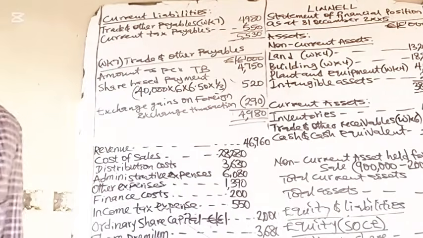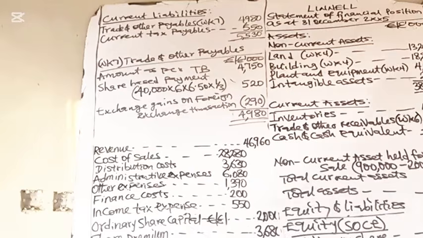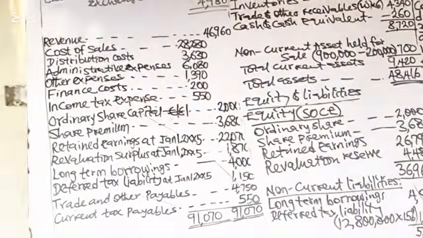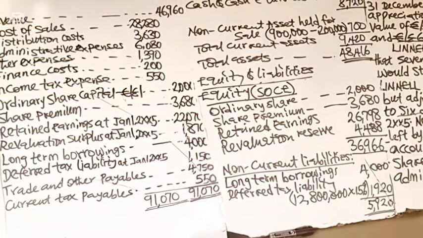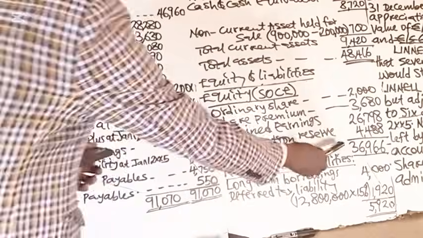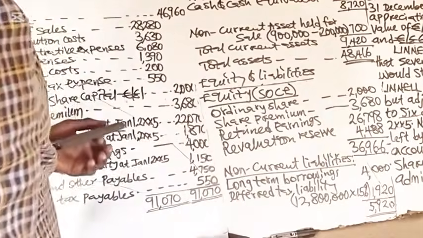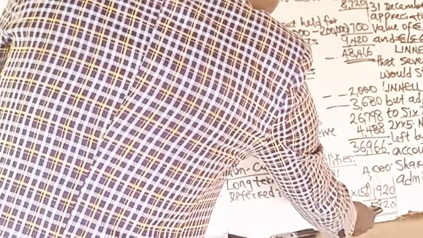These current liabilities will be added to the equity and the non-current liabilities. Our total equity is 36966, and our non-current liability is 5920.